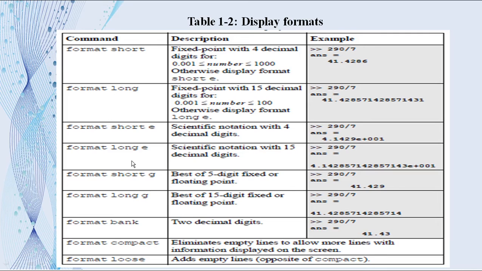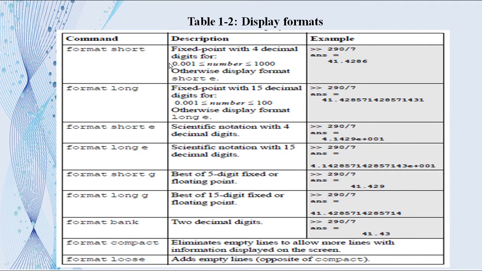So these are the commands we have: format short, format long, format short e, format long e, format short g, format long g, and format bank, format compact, format loose. The descriptions of these formats are given here.